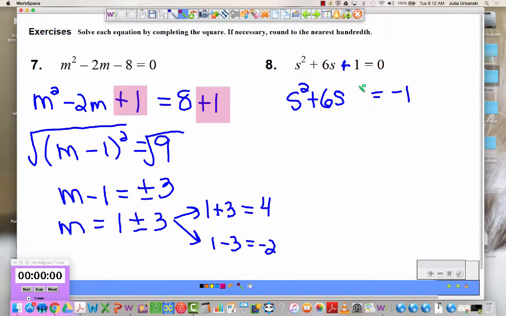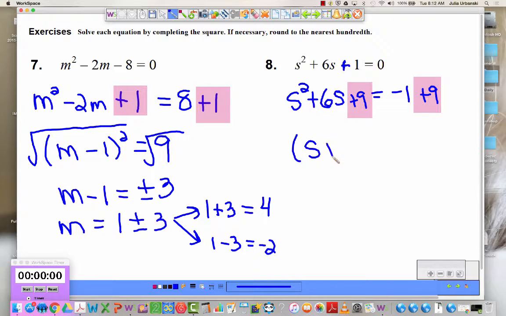A lot of you are good at just figuring that out in your head. 9, good. Half of 6 is 3. When you square it, you get 9. And that number is the number that you got when you took half. That number goes in parentheses. S plus 3 squared equals 8.